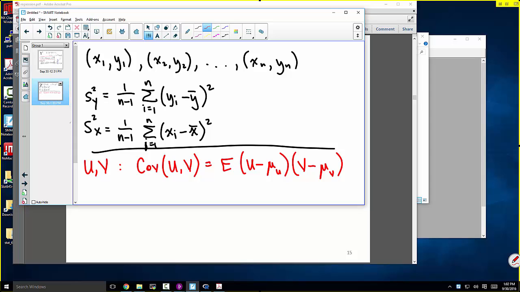So this expression, the sum i equals 1 to n of yi minus y bar times xi minus x bar, if you divide it by n or n minus 1, would be an estimate of the covariance between y and x. If you wanted to estimate this quantity for the sample, you would replace an expected value with an average.